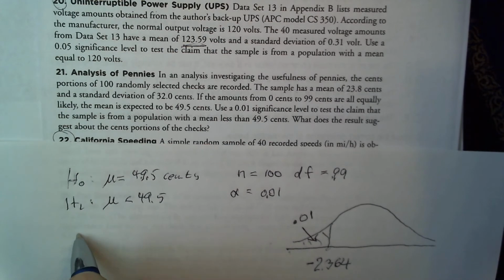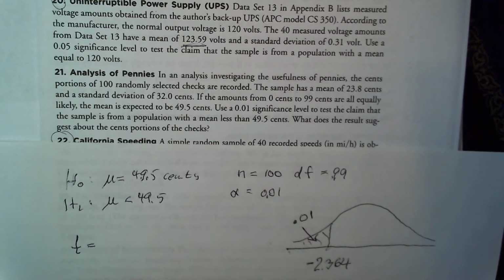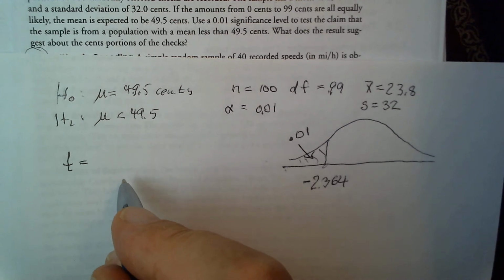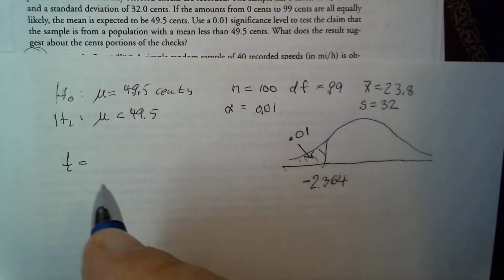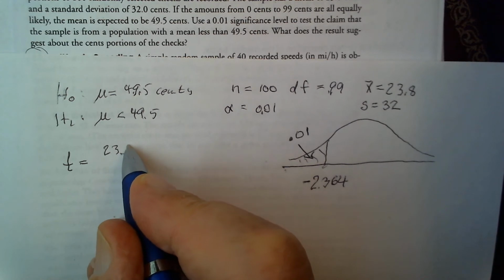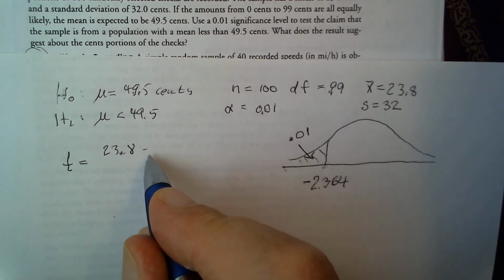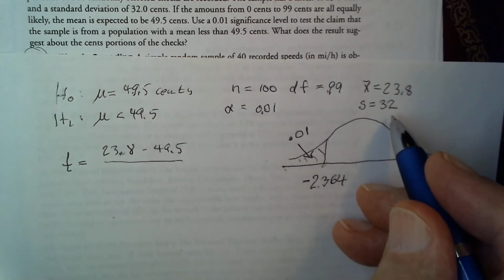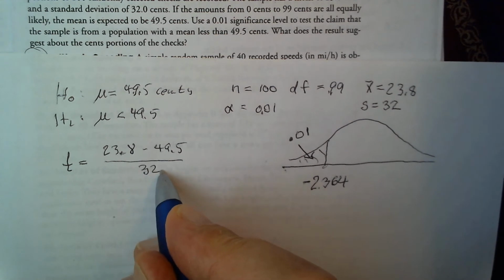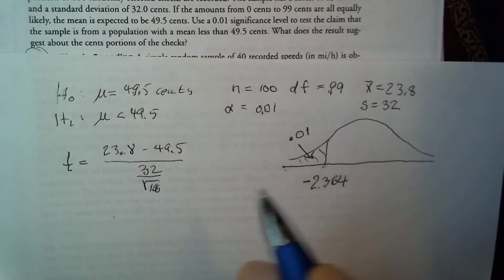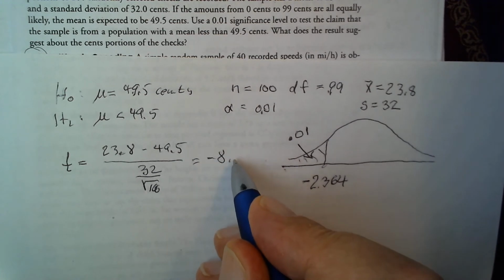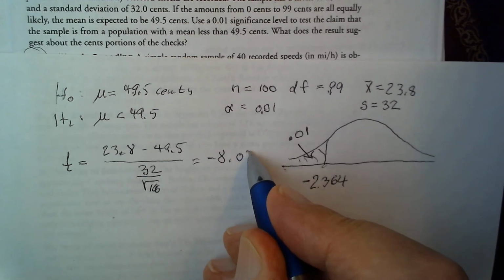So now we compute our test statistic. Our test statistic would be based on our mean of 23.8 cents, minus 49.5 cents, divided by the standard deviation of 32 cents, divided by the square root of 100, and that is equal to minus 8.031.